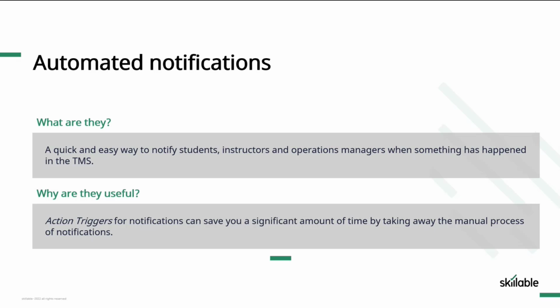It's a way for you to notify a number of your users, depending on the role within the TMS, and you can send out mass communications to those users easily and quickly. The initial setup can be quite time consuming because you've got to go through a number of configurations and settings, and you need to make sure it works.